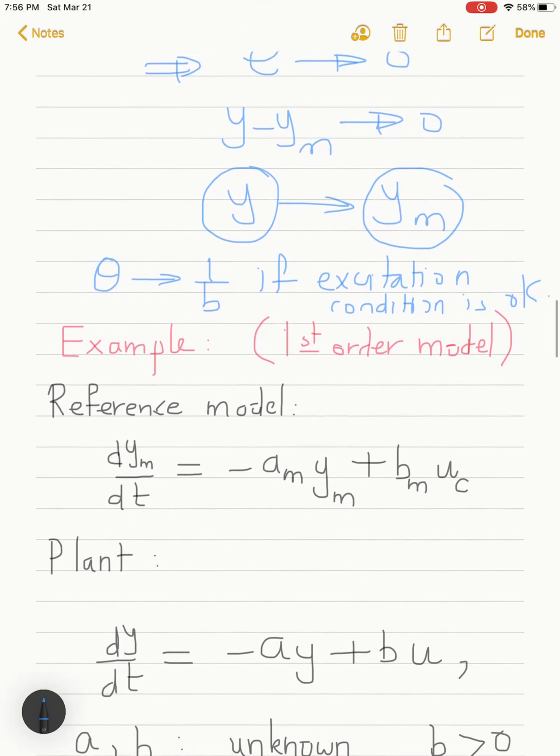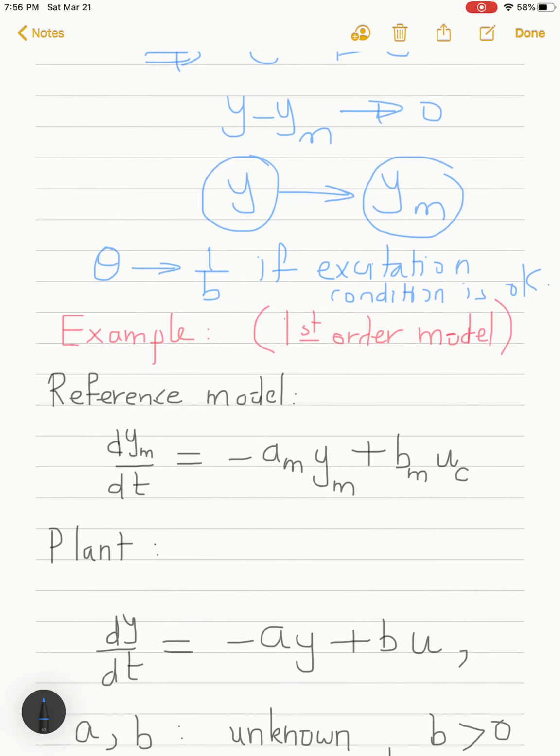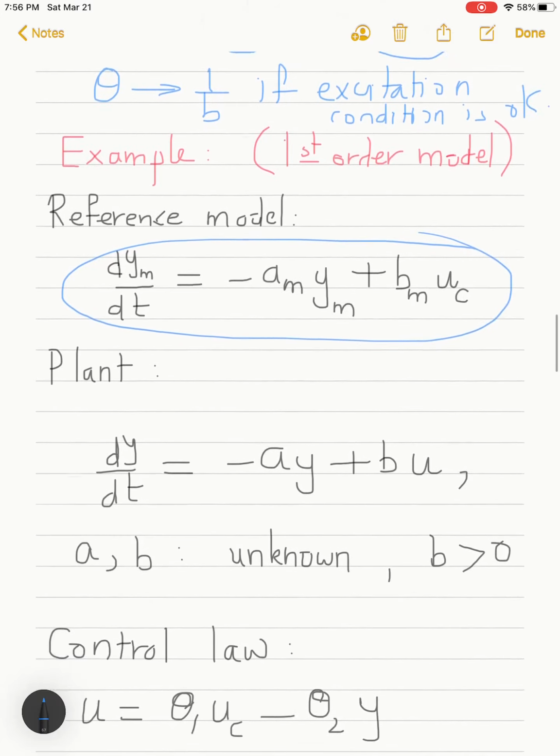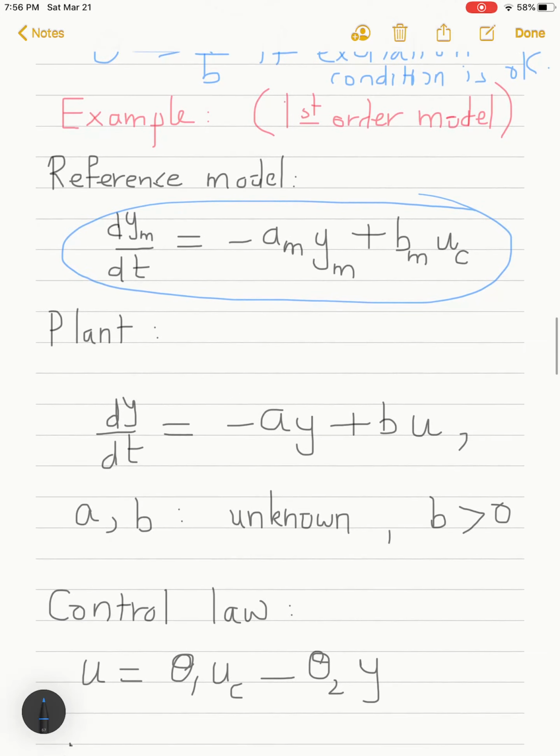A second example that I'm going to show here is the case where we have a first order system. So the reference model here is first order: ym dot equals minus am ym plus bm uc. The plant is also first order. However, we are assuming here that the parameters a and b are not known.